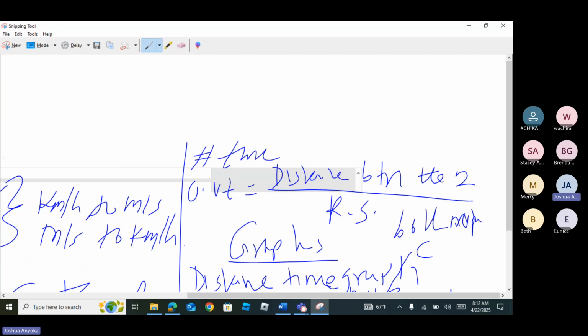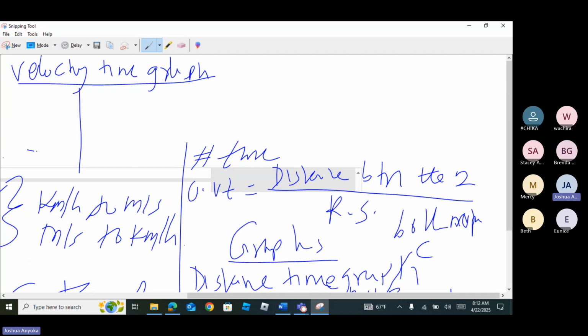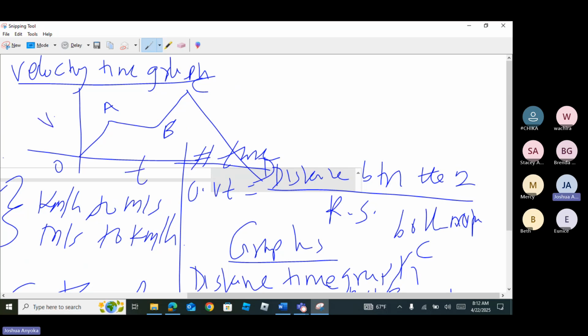We also have a velocity time graph. In a velocity time graph, this is the graph of velocity against time. Now from O to A, the body is accelerating.